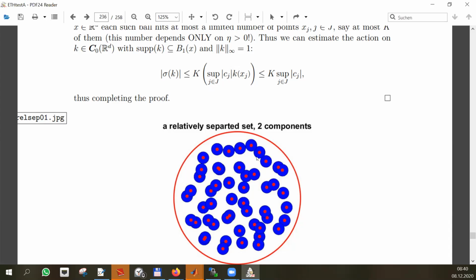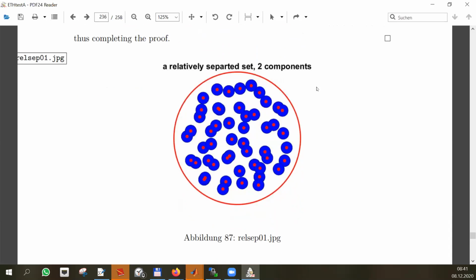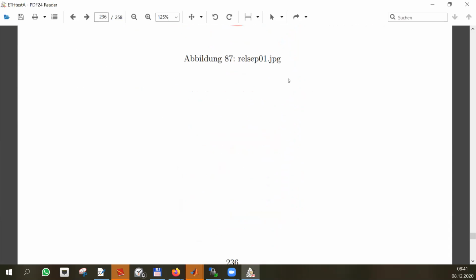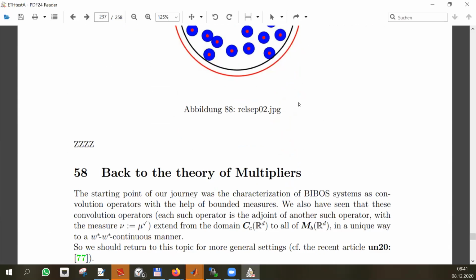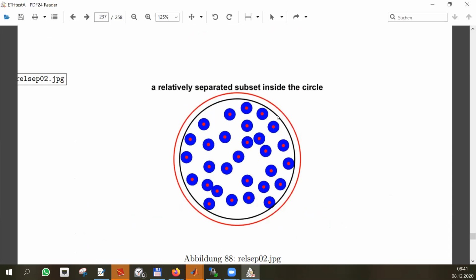If your eta is small, or if you have finite unions, then of course this will grow, but for fixed eta and for fixed sup over the coefficients, you have this estimate. So we have a two-way direction, and the characterization applies to discrete measures sitting on a lattice.